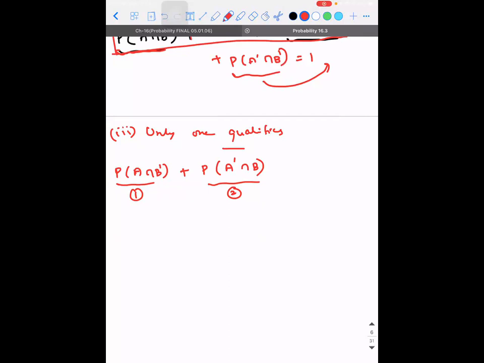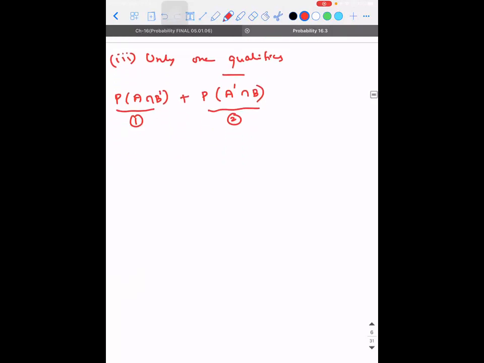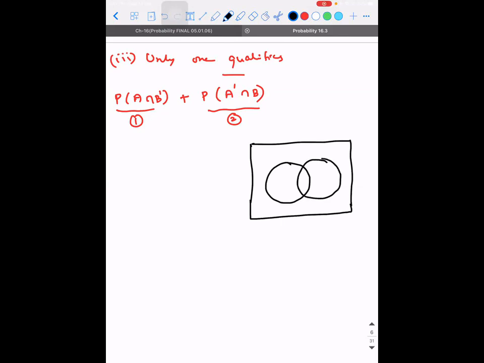Okay. Shall we draw a Venn diagram and see? It's from the sets concept only, you know. This is A, this is B. Okay, they have some common point. Now tell me, guys, what is probability of A but not B? I'll give you different regions.